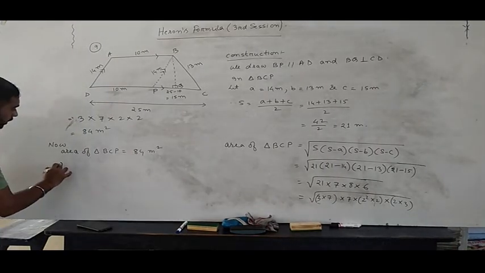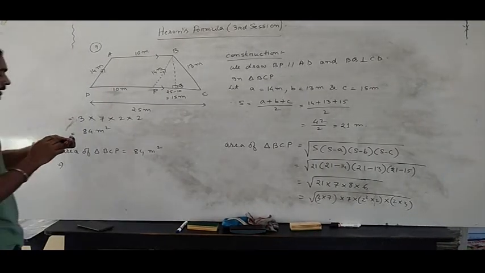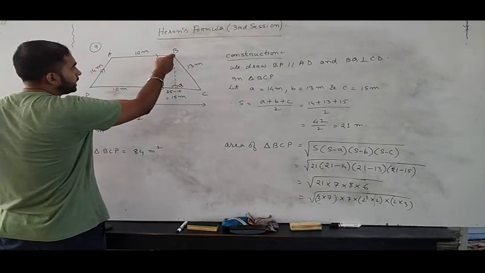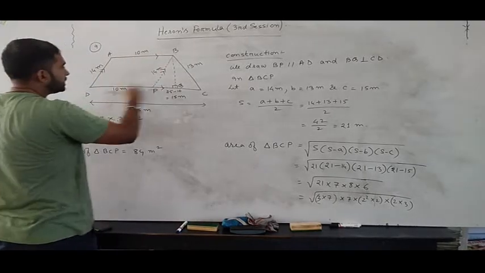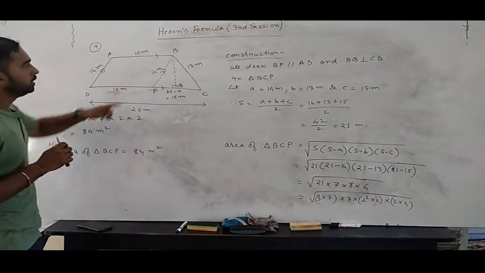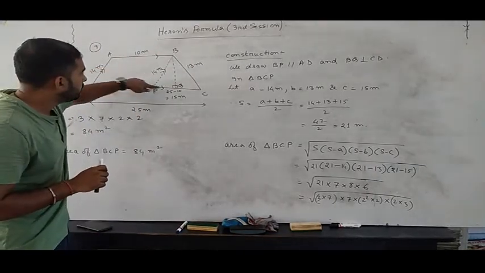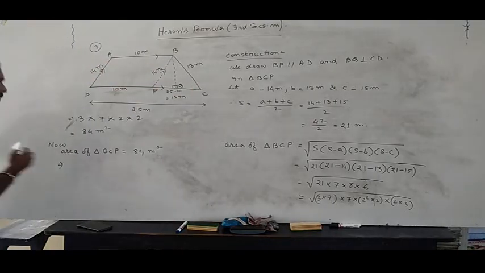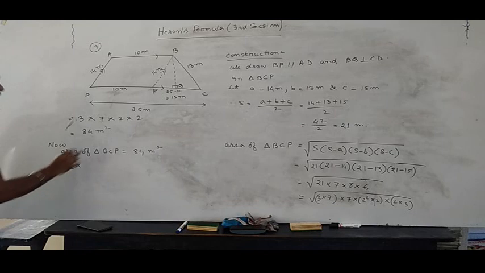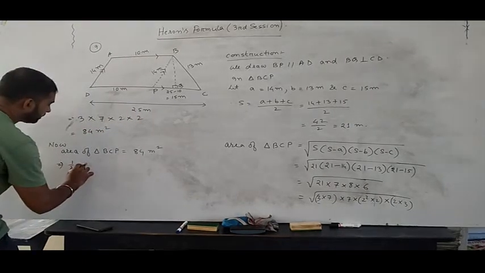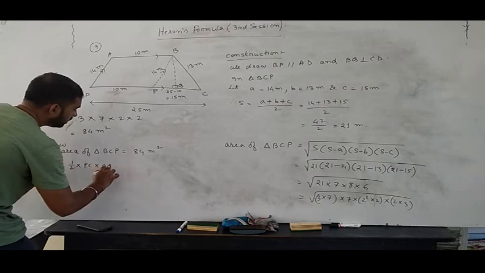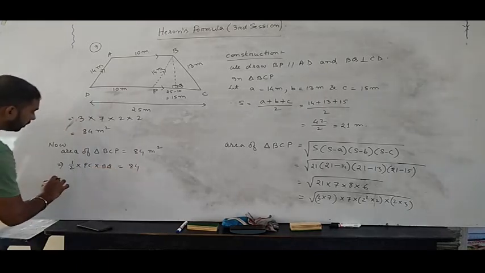Again, area of a triangle formula is half into base into height. Now, in this triangle, if this one is 90 degree, then it is the height of the trapezium as well as the triangle. So, the height equal to BQ, and for this triangle, the base equal to PC. So, half into base, base means PC, into height, height means BQ equal 84.